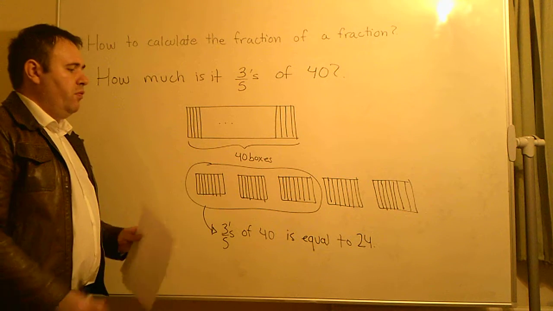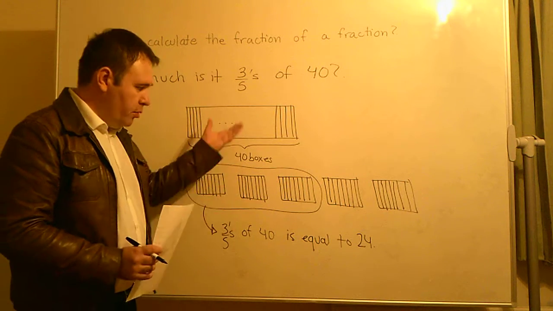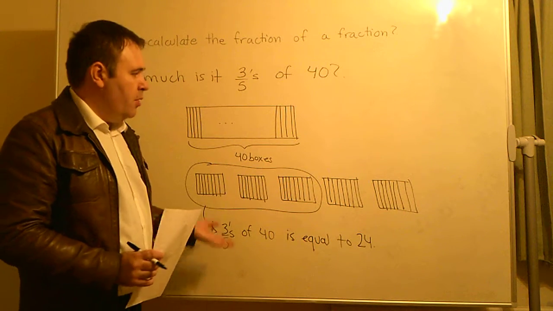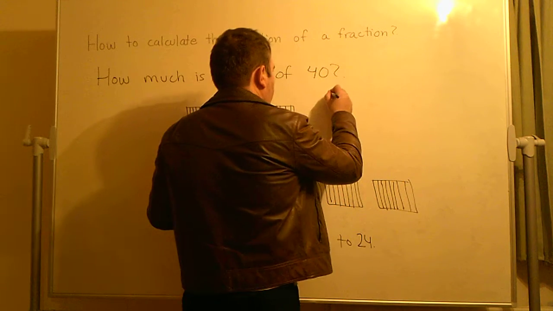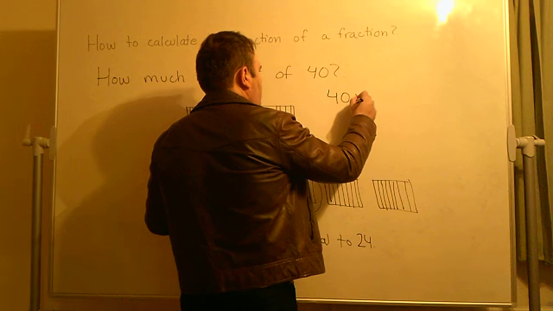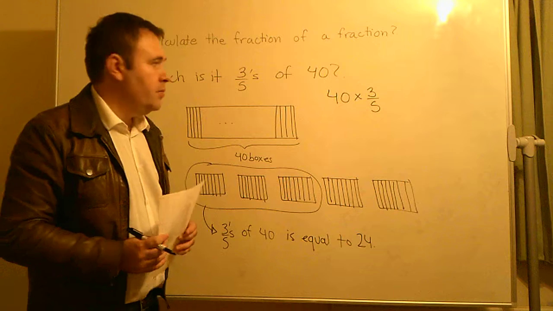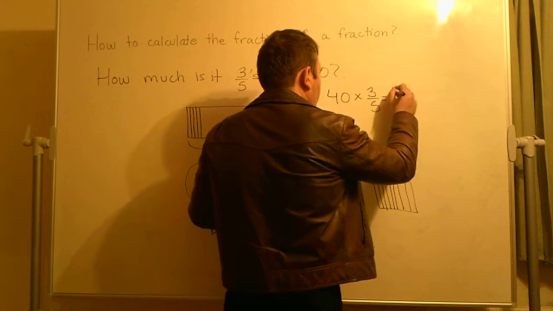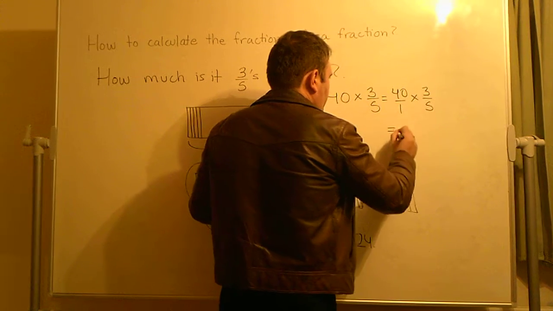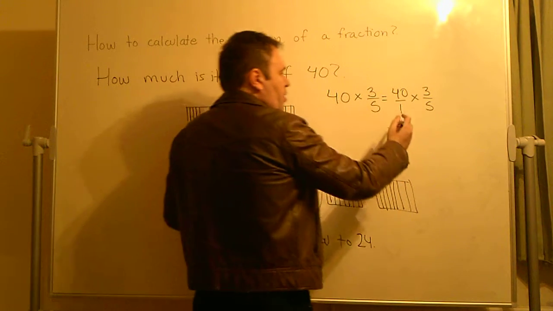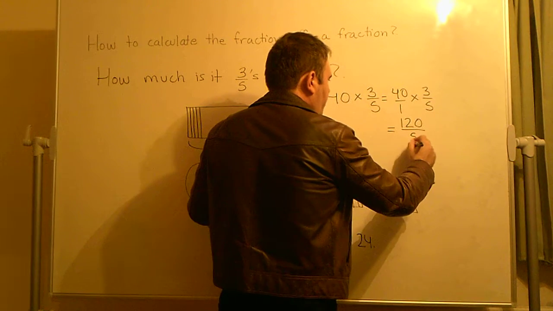Now, obviously if you have to calculate any other fraction of a number, you're not going to draw all these boxes. So how do you calculate it quickly? Well, we just take 40 times 3/5, yeah, and then we mean that 40 is divided by 1 times 3/5, and then 40 times 3 is 120, and 5 times 1 is 5.